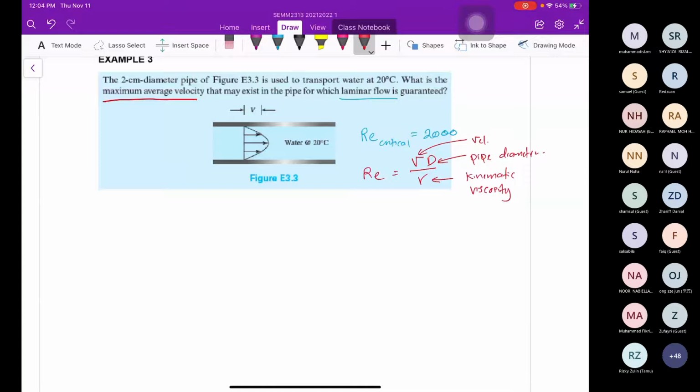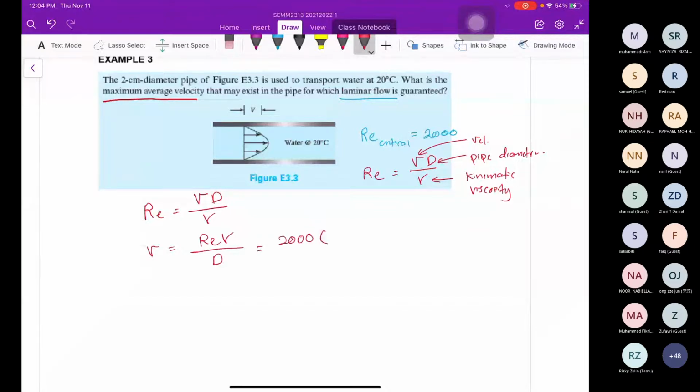Here we can equate Reynolds number equal to velocity times diameter over nu. In order to get velocity, it is Reynolds number times nu, the kinematic viscosity, over diameter. Reynolds number is 2000. Kinematic viscosity is 1 multiplied by 10 to the power of -6.